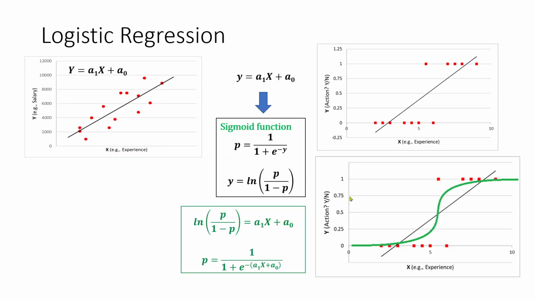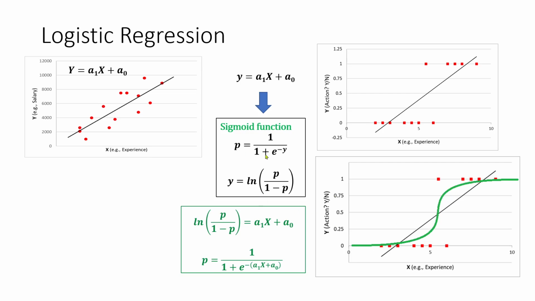So let's take a look at how it's going to work. I didn't elaborate on the details, but the general idea is we're using this sigmoid function, and we write p as a function of y over here. So p is going to be whatever you have on this green line.